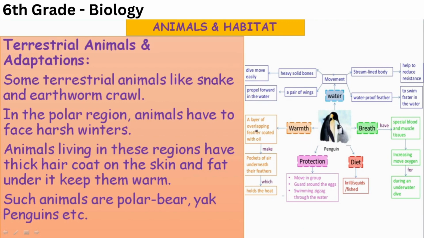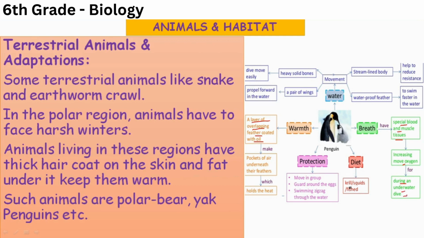So you see here a penguin. A layer of overlapping feathers coated with oil they possess. They have special blood and muscle tissues, increasing the movement of oxygen during a winter dive.